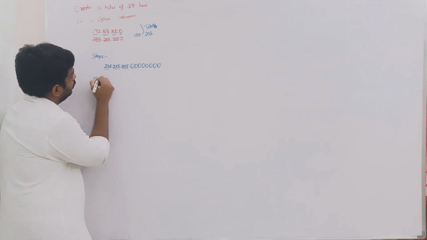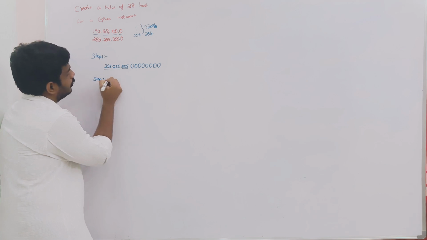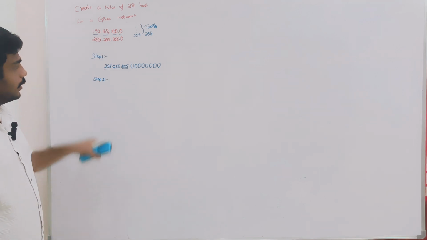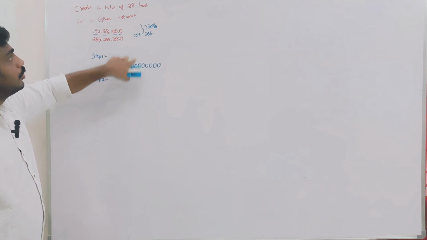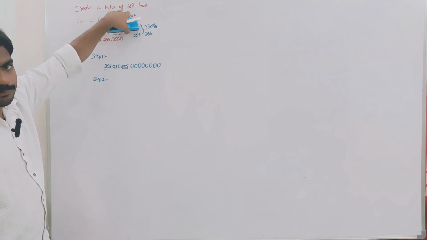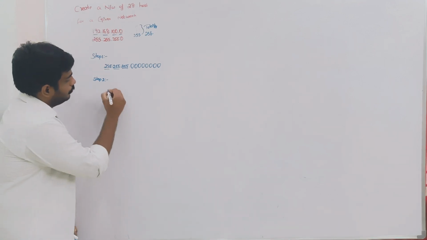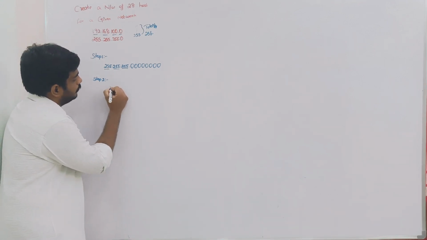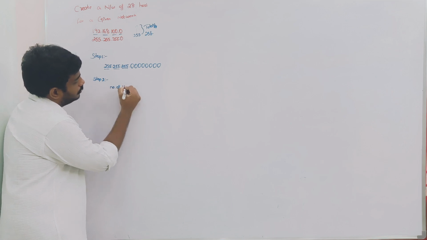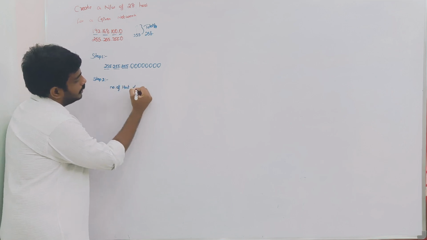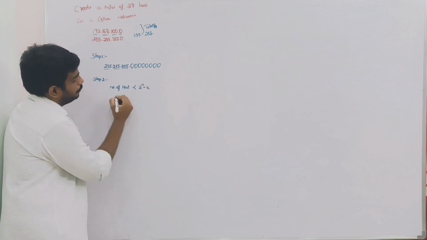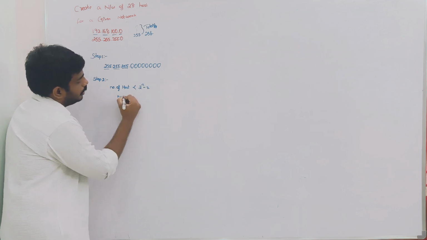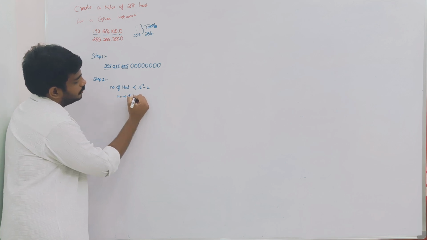So step 2, you have to find the number of bits in the host portion of the subnet mask to acquire 28 hosts. You take the formula: number of hosts should be less than or equal to 2 power n minus 2, where n is the number of bits.